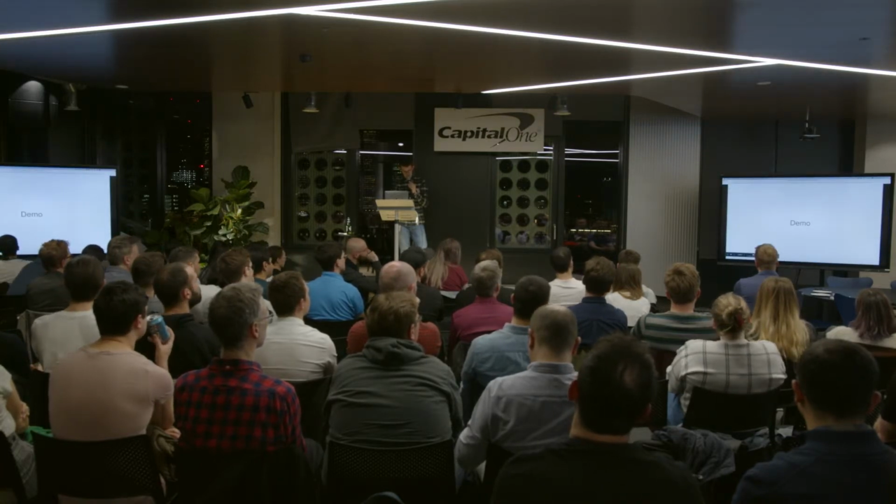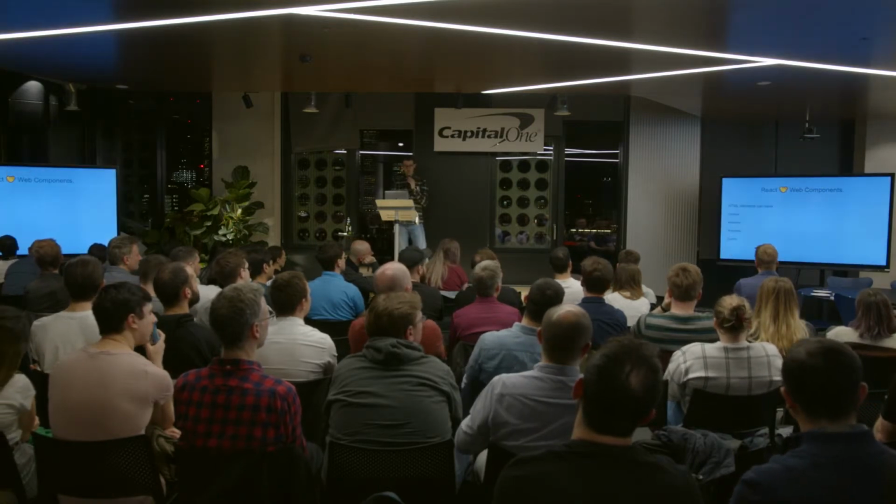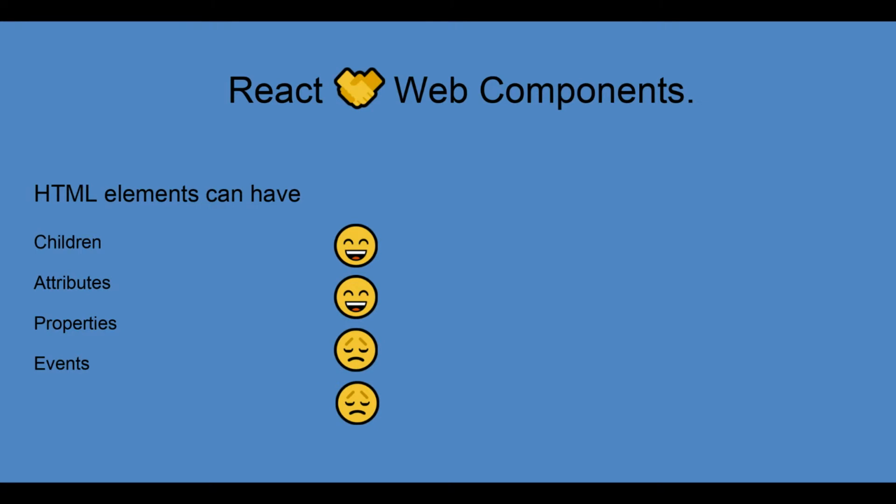So let's try to use this in React. And let's first summarize. So we have children, which was the people string, and then we have attributes, which was the salutation, properties, which was everything else, or like salutation and our traits, and properties can also be then objects and functions and whatever we want to assign. And then we have events. And in React, we can use children.